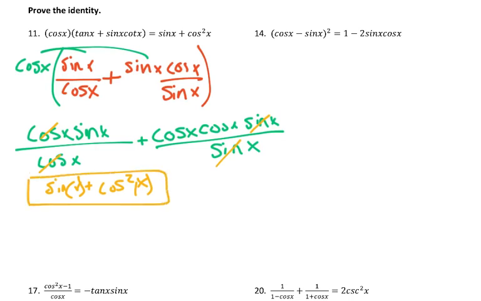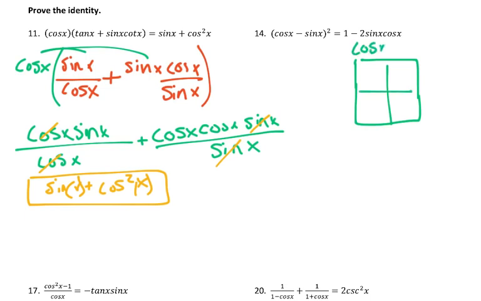Alright, next piece here, I see a squared, and so my strategy here is going to be to expand that square. So I'll start with that and see where we go. To expand something that's squared, you're technically multiplying it by itself, so I tend to do one of these little box things.